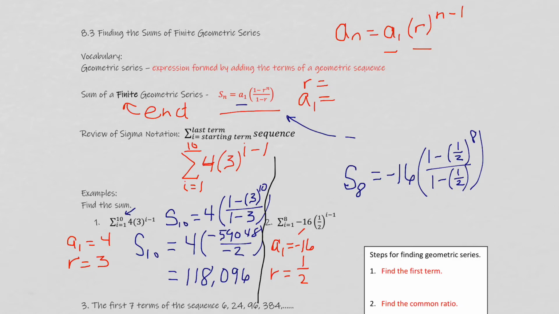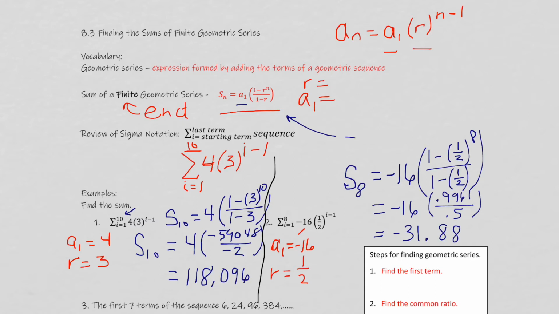And I would probably put parentheses around those as I go through. When I work those in my calculator, I'm going to get negative 16 times 0.9961 divided by 0.5. And all of that is going to come out to be about negative 31.88.